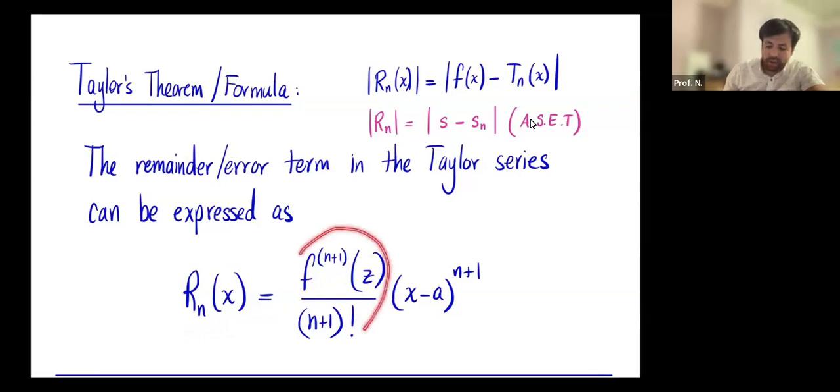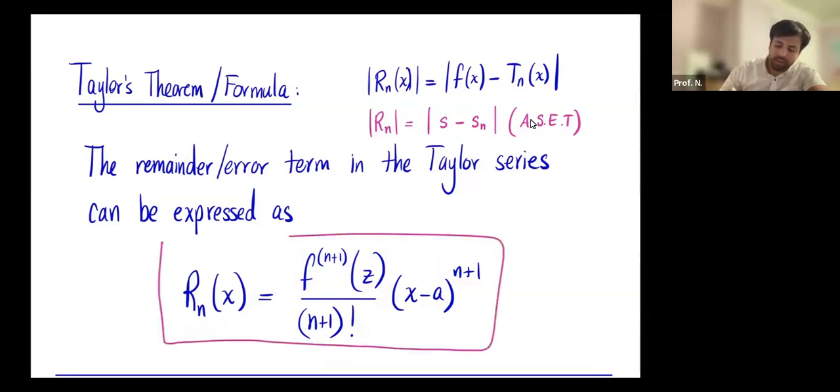So this looks like the coefficient of the Taylor series, times x minus a, when you have a Taylor polynomial centered at a particular value a, to the exponent of n+1. So for now, just consider this as my formula for the remainder.